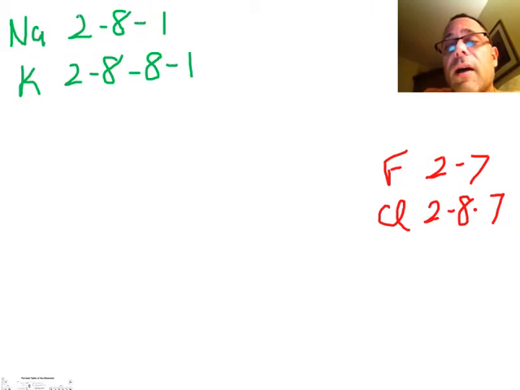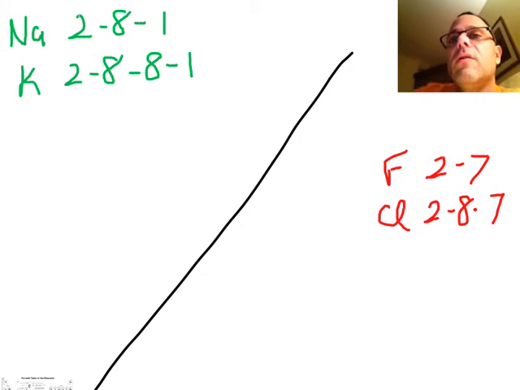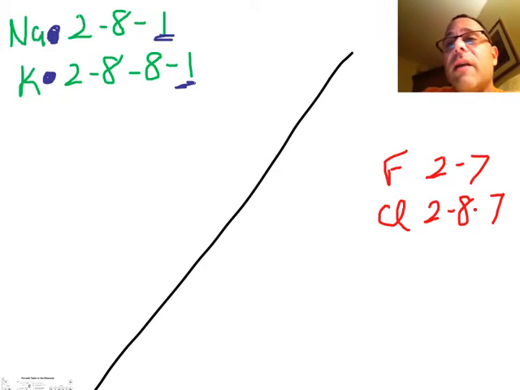Now remember, first ionization energy says, how much energy would it take to remove the outermost electron? Let's first compare sodium versus potassium. How much energy would it take to remove this outermost electron versus this one? And what you need to consider is this. Here would be a nucleus, and here would be a nucleus. Yes, these 1 electrons are not wanted by these atoms so that they could satisfy the octet rule.